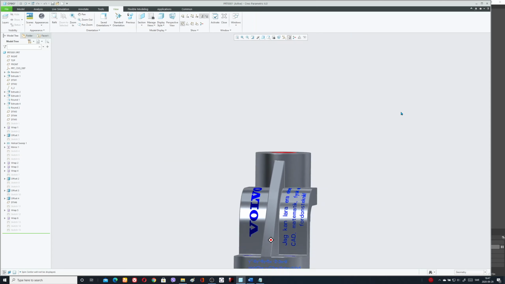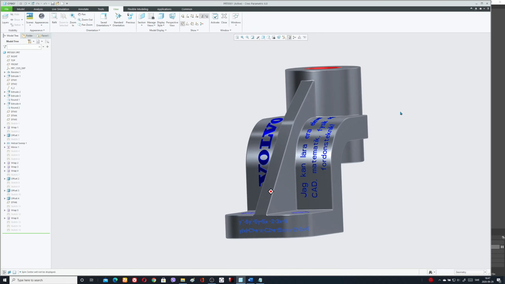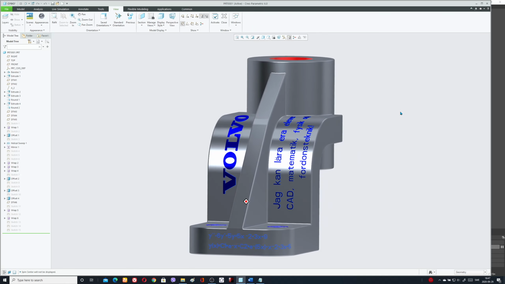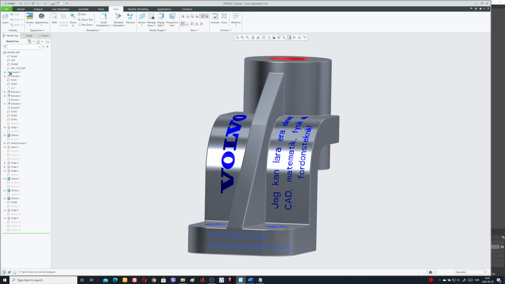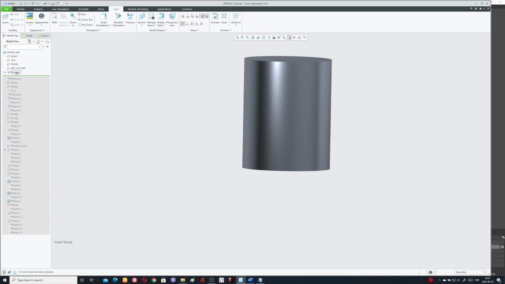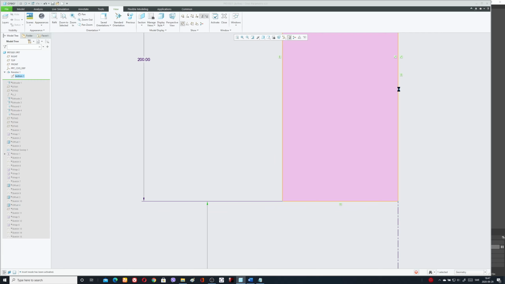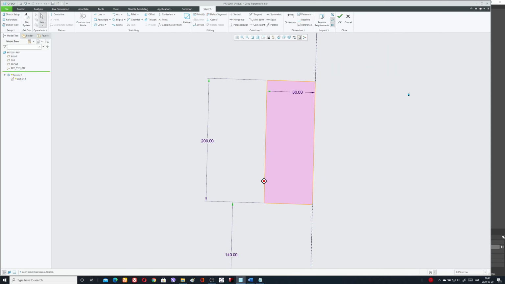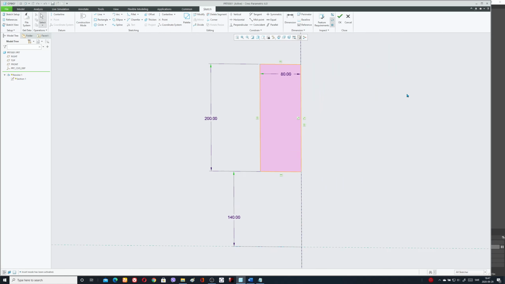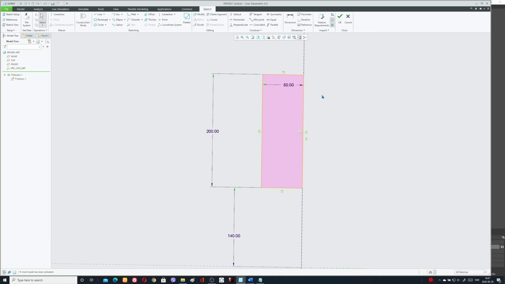So okay, let me show how I have constructed this element, this solid model. Let me start here somewhere. First I constructed this by using revolve with this dimension.